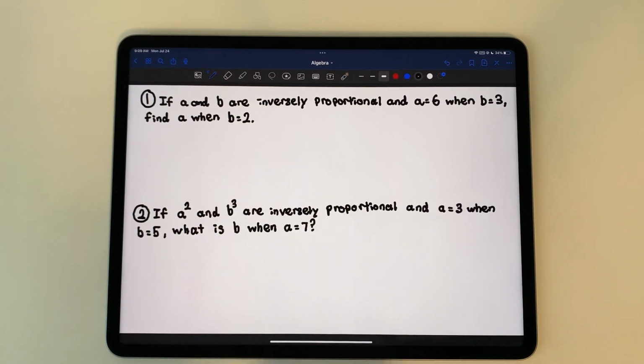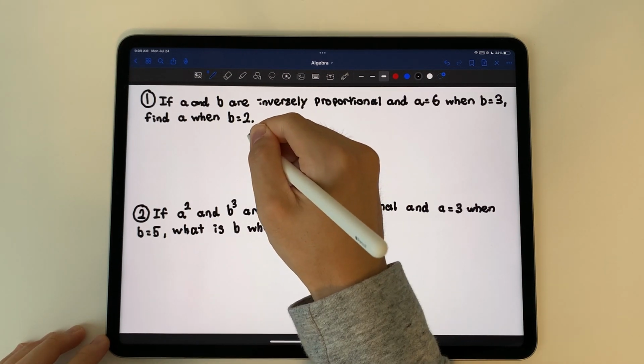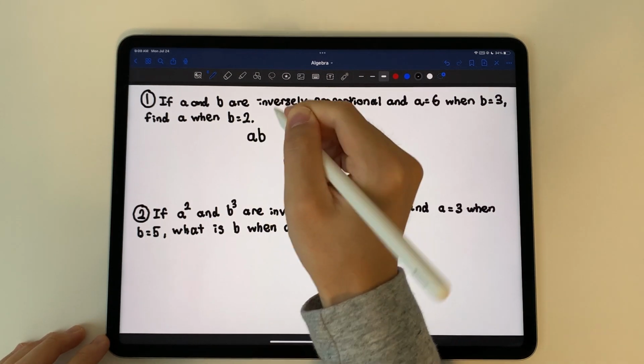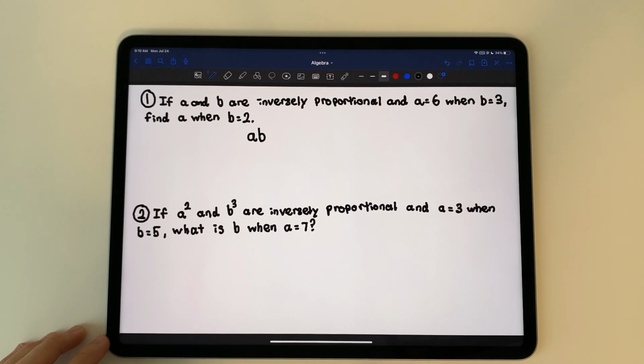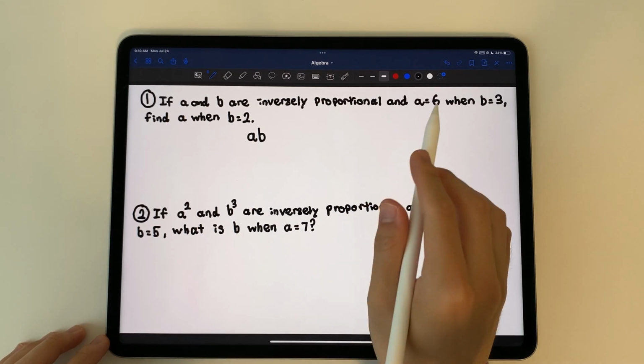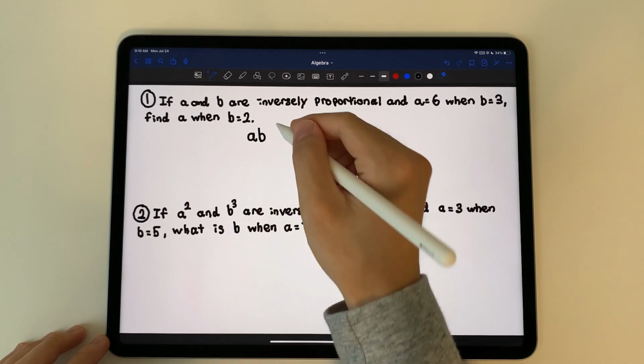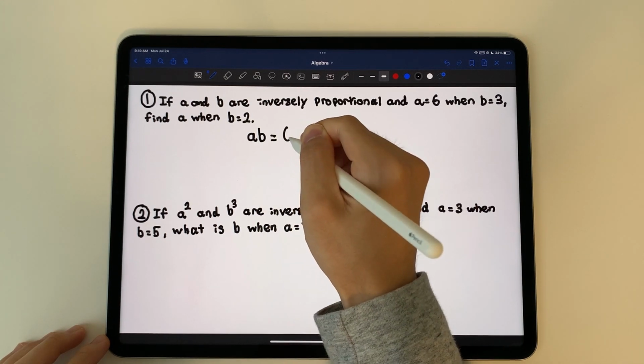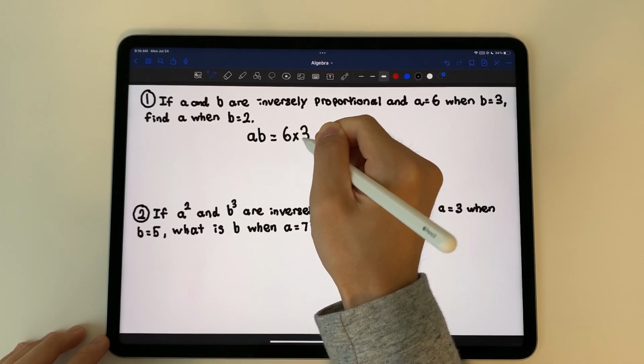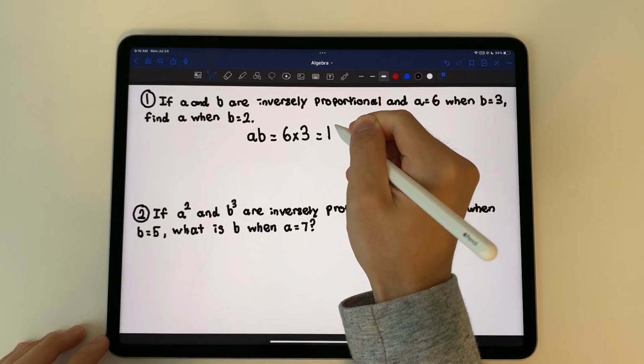Okay, so if a and b are inversely proportional, what does that mean? Well, then that means that AB should be constant. In this case, A equals 6 when B equals 3, so AB is equal to 6 times 3, which is 18.